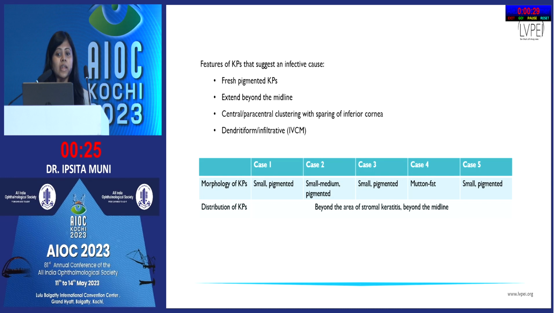So features of keratic precipitates that suggest an infective cause are the presence of pigmentation if they extend beyond the midline, if they are clustered centrally or paracentrally with sparing of the inferior cornea, and in in vivo confocal microscopy if they have a dendritiform or infiltrative morphology. So in our cases, we found that most of the cases were small, pigmented, and were distributed beyond the area of stromal keratitis, beyond the midline.